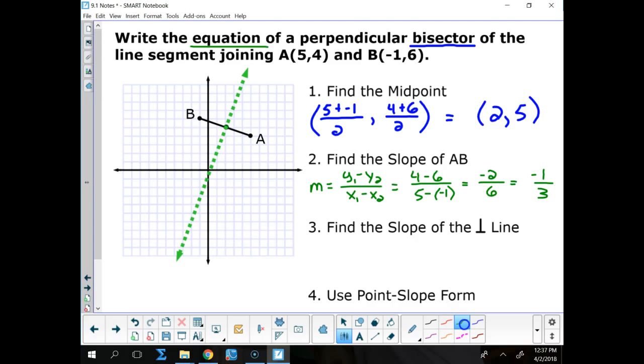Okay. Then it was talking about being perpendicular. So we have to remember that perpendicular slopes are opposite reciprocals.